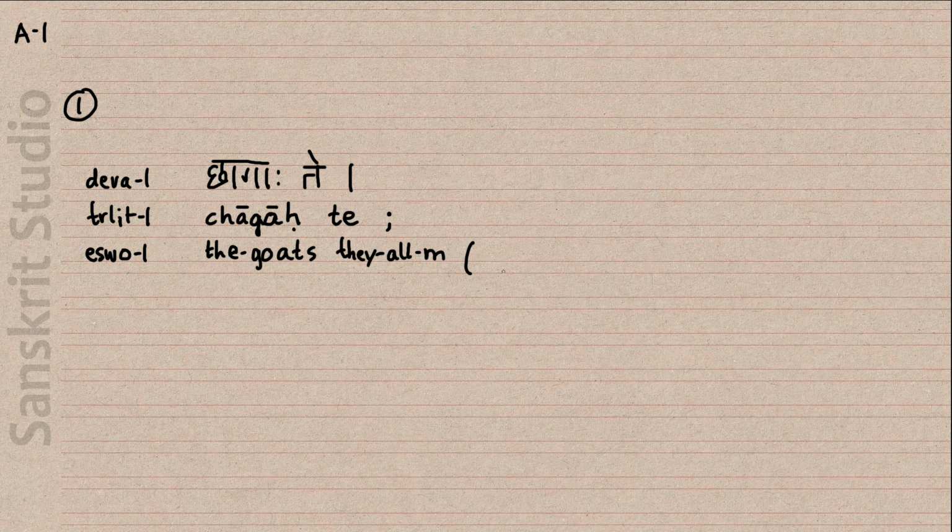So we are here indicating, as always, what the implicit verb is. So they all am is the subject. Okay, so let's indicate the subject here.